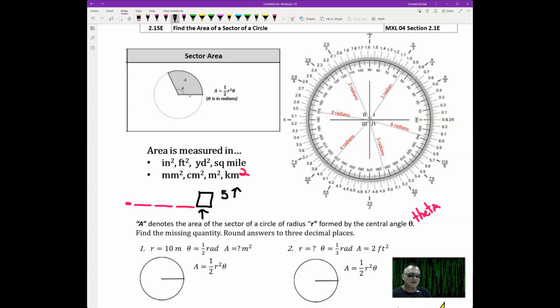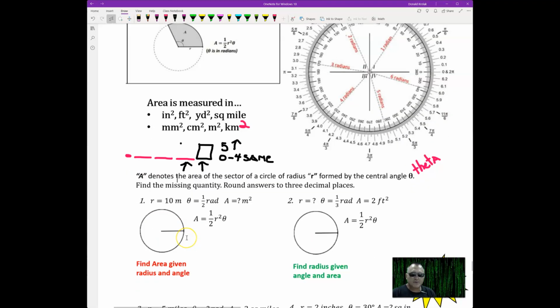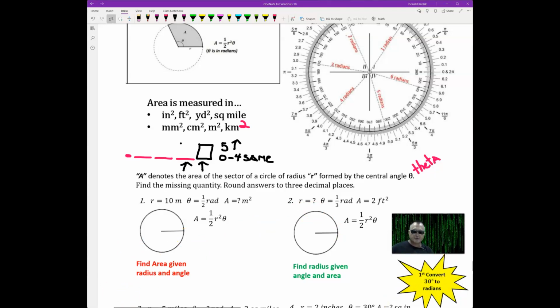If this number is from 0 to 4, we keep it the same. We're not going to change the 3rd value. So plug into the formula and then solve for whatever variable or letter is left over.